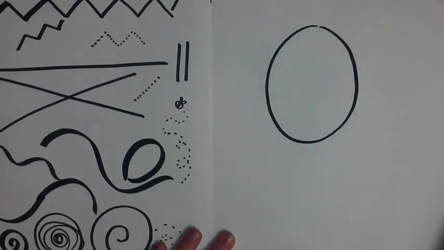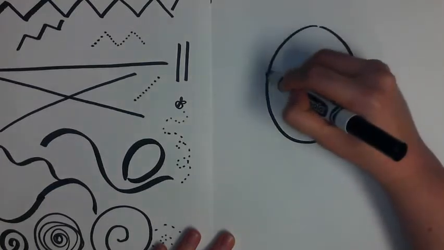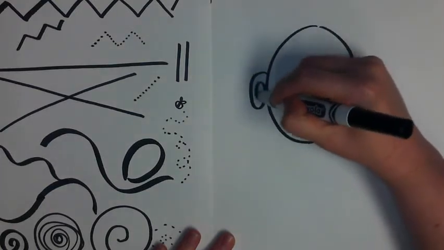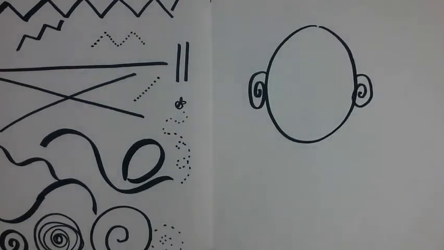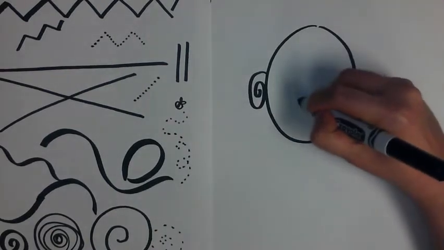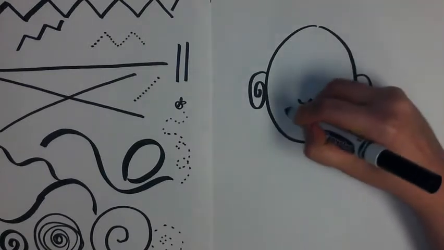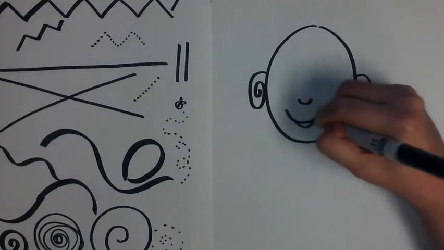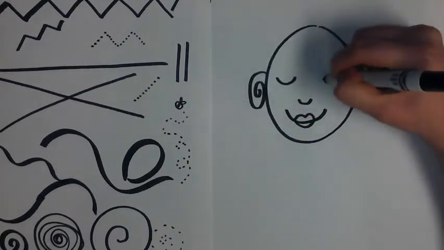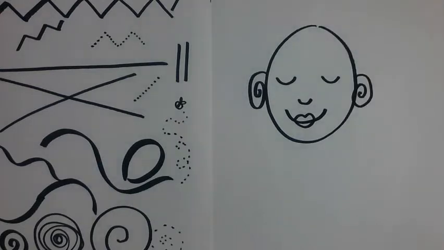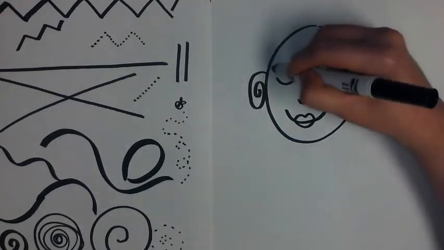Got a curved line. I'm gonna make some funny ears. I'm gonna make some curly cute ears. And a curved line for my nose. Make a smile, it's another curved line. And I'm wearing glasses right now, so I should probably draw those.